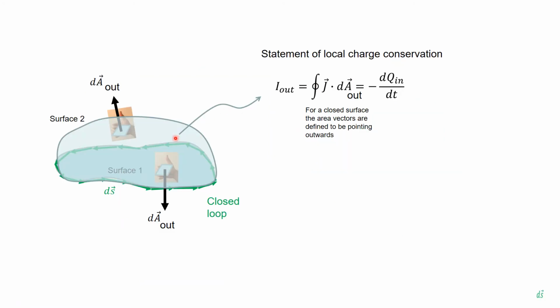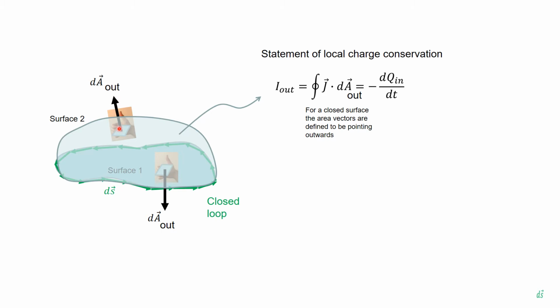So if you take this closed surface that's between surface number one and surface number two, whatever shapes they are, as long as they're bounded by the same closed contour, you can apply the statement of local charge conservation. You can say that the integration of J.dA is minus dQn by dt. But the dA vectors, because it's a closed surface, have to point from inside to outside.